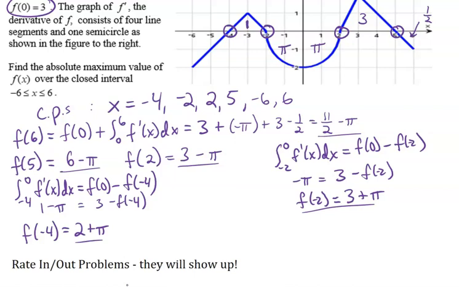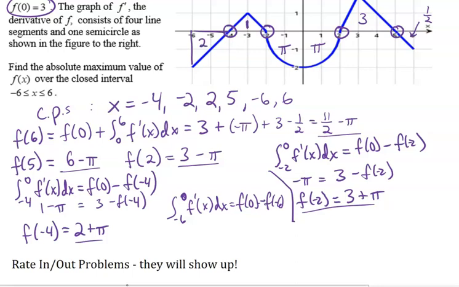And then lastly, f of negative 6. So the integral from negative 6 to 0 of f prime of x dx equals f of 0 minus f of negative 6. And now I've got an area of 2, but it is being subtracted.